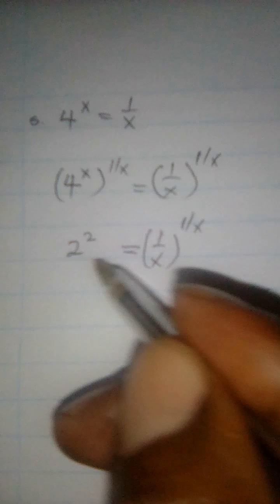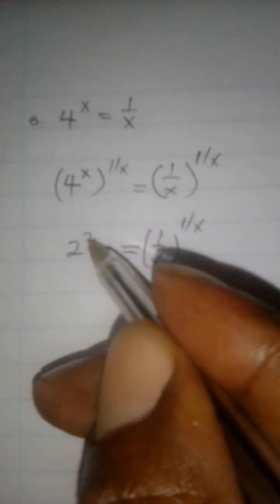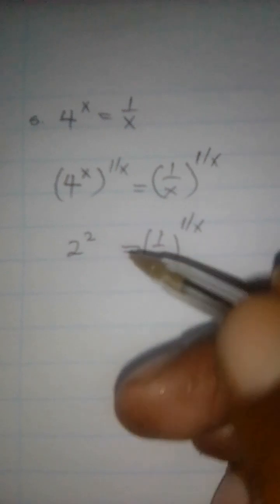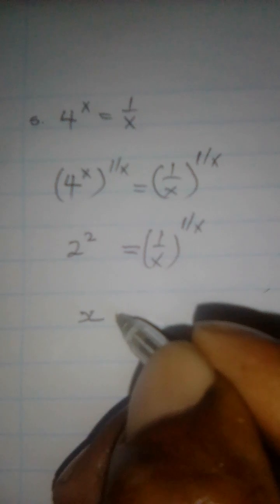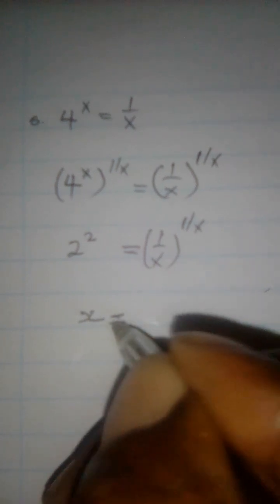So we see 1 over x equals 2 on the base, and 1 over x equals 2 on the power. So that means x equals 2.